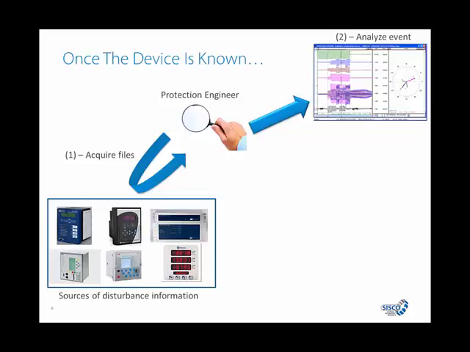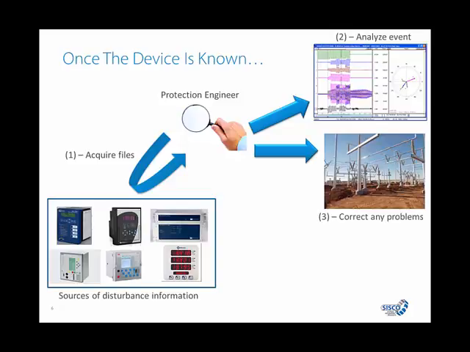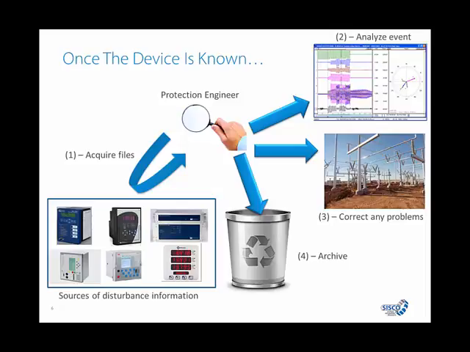If the analysis indicates that there are systemic problems that need to be corrected, work orders or changes in settings are used to actually correct those problems. And instead of storing the file for future retrieval, typically most of the retrieved files are thrown away.